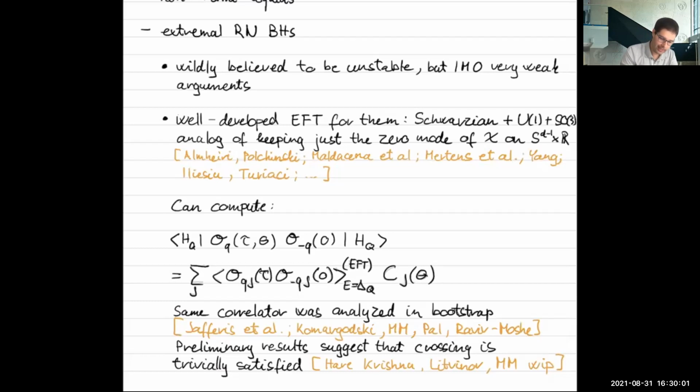Okay, so why did I write down this random formula? Because this same correlation function, heavy-light, was analyzed by Jeffries et al. in a bootstrap approach, and it was shown that the superfluid EFT satisfies crossing between S and U channels very non-trivially.